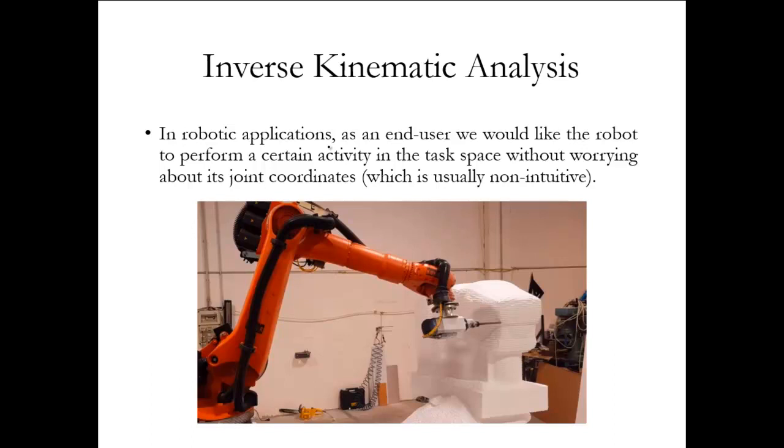That is generally in task space, or you can say the operation space or the operational coordinates. To perform a particular task we would like the robot to move accordingly. Since we are not much interested as a user in the joint coordinates, we would like the robot to compute those joint coordinates for a particular end effector application.